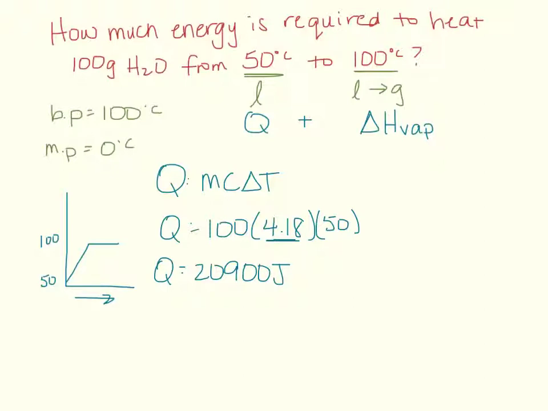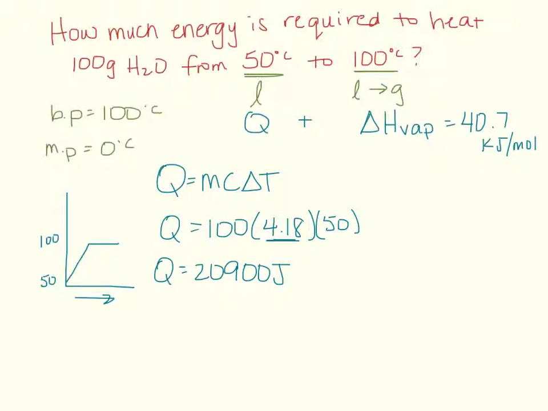Now, my delta H vap for water will also be given to you, and it is 40.7 kilojoules per mole.